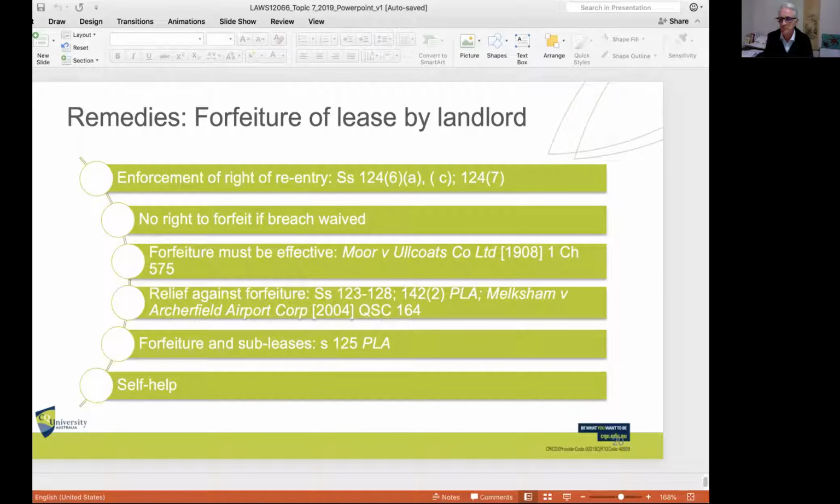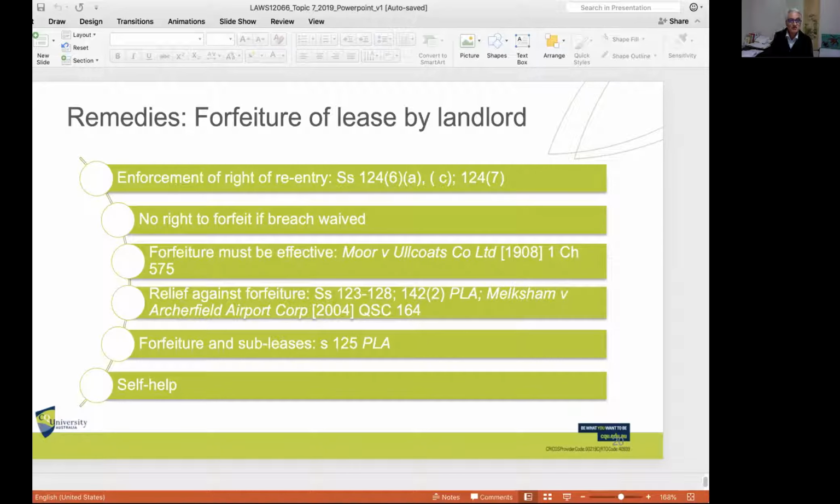That's what it means. Because of the drastic nature of the remedy of forfeiture, the procedure by which a lessor can forfeit a lease is regulated by statute. And we have those statutory requirements that must be strictly complied with for the lessor to succeed. In our case, that takes us to provisions in the Property Law Act.